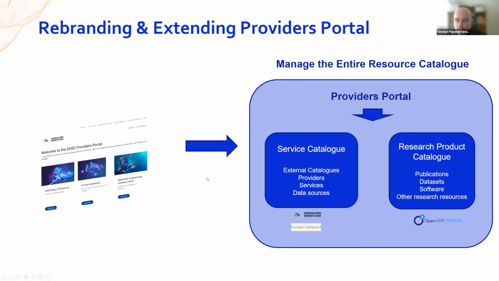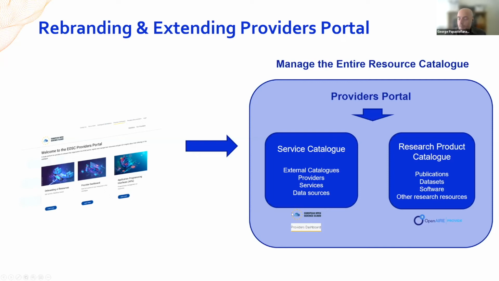Finally, as I said before, the providers portal will soon be rebranded as a uniform portal for managing all the resources that will be available in the EOSC portal marketplace. Not only services, not only catalogs, but the full variety of research product catalogs, publications, data sets, software, and other research resources included.